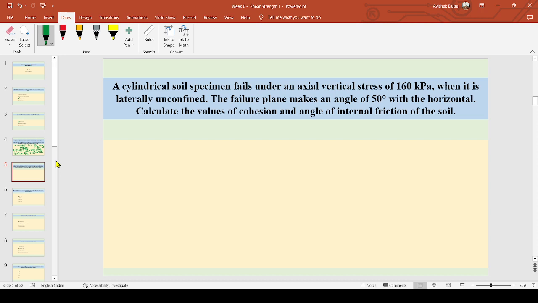A cylindrical soil specimen fails under an axial vertical stress of 160 kilopascal when it is laterally unconfined. The failure plane makes an angle of 50 degrees with the horizontal. Calculate the values of cohesion and angle of internal friction of the soil.